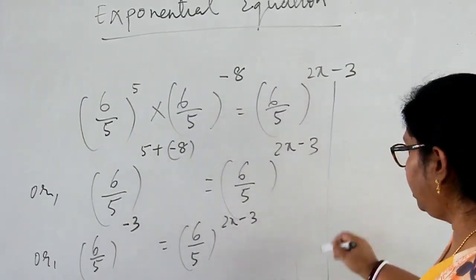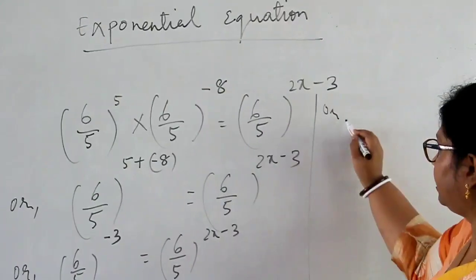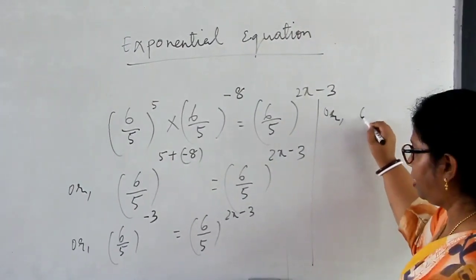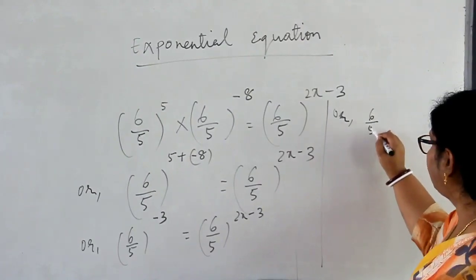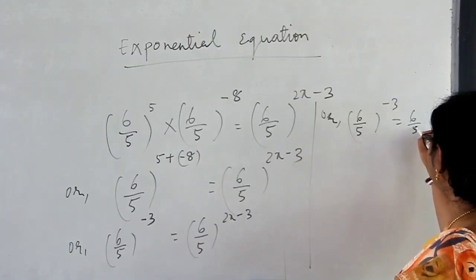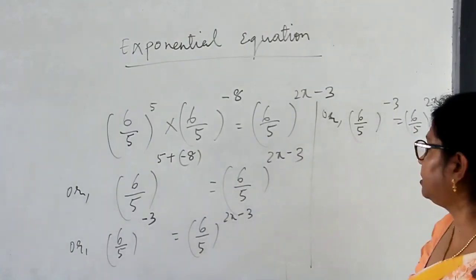Now we are going to have the next step. So this next step we are going to have 6 by 5 to the power minus 3 is equal to 6 by 5 whole to the power 2x minus 3.